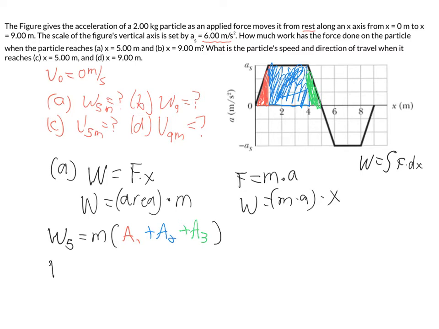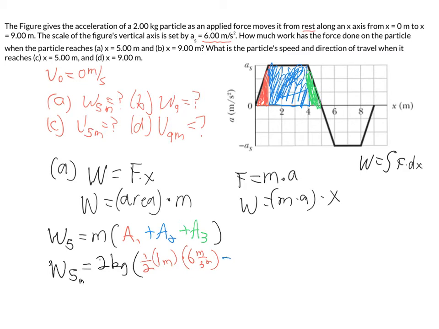So let's do that. The work in the first 5 meters is going to be equal to our mass, which we know to be 2 kilograms, multiplied by our different areas. Our area 1 is a triangle, so 1/2 base times height. So 1/2, 1 meter is the base, multiplied by the height of 6 meters per second squared. So that's A1.